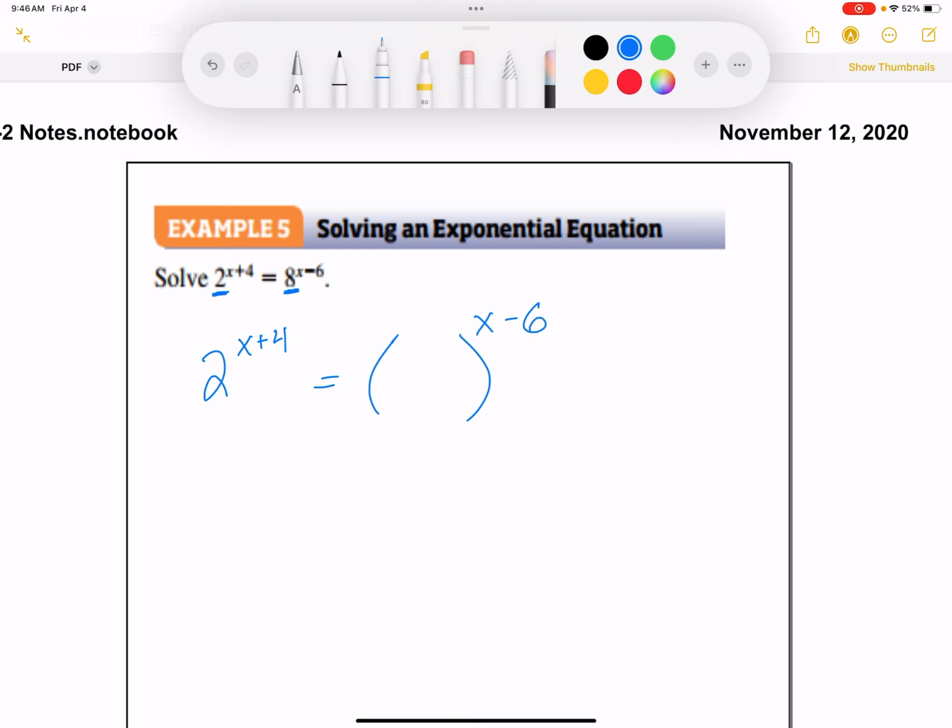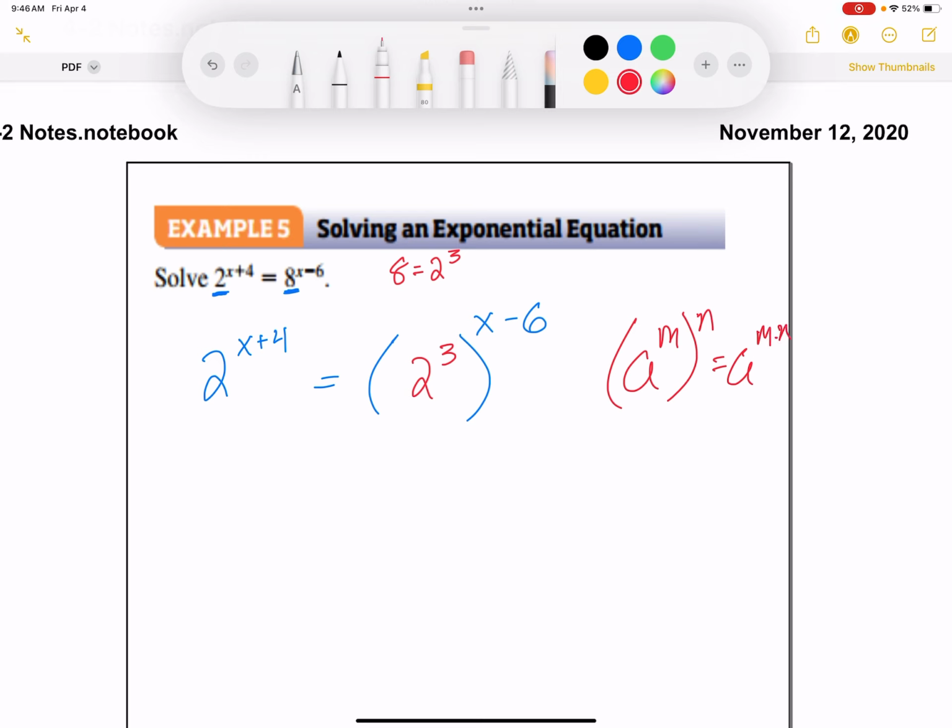But I don't want it to be 8. I want it to be 2 to some power. Well, 8 equals 2 to the 3rd. So I can say 2 to the 3rd to the x minus 6. And remember, if I got a to the m to the n, that's a to the m times n, right?